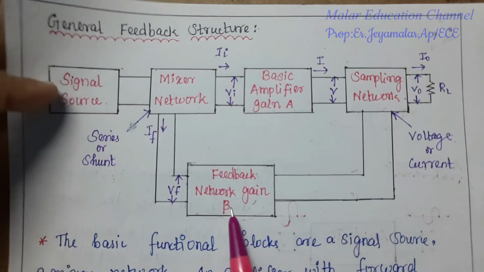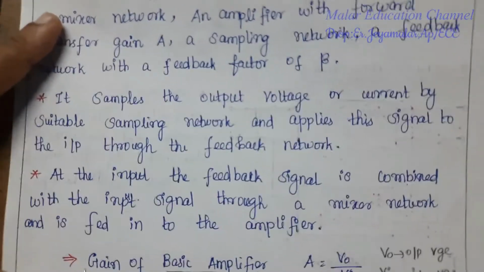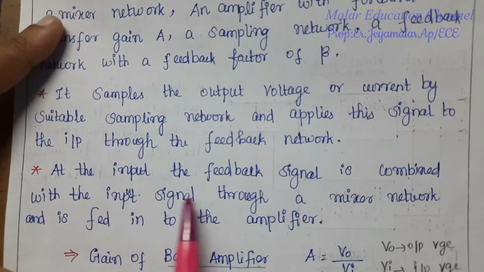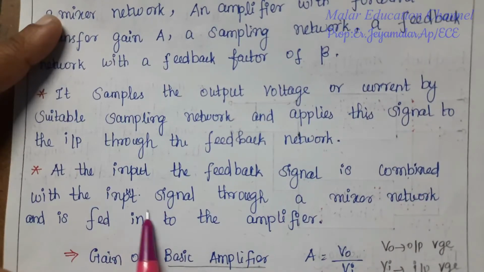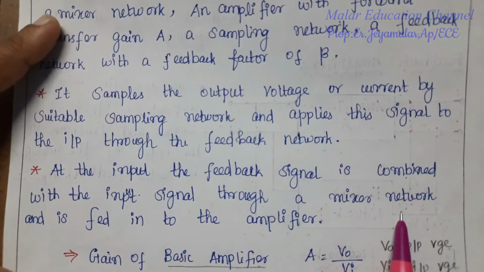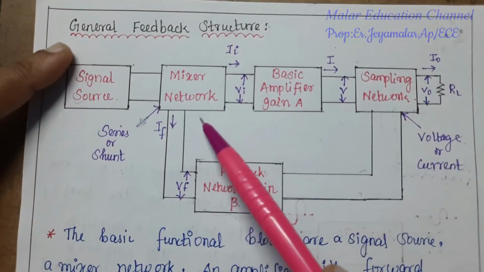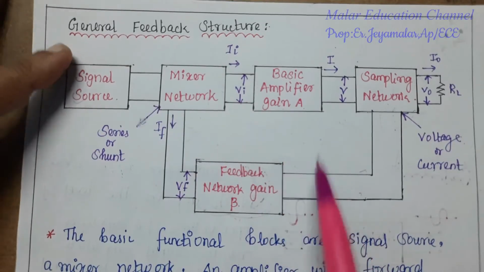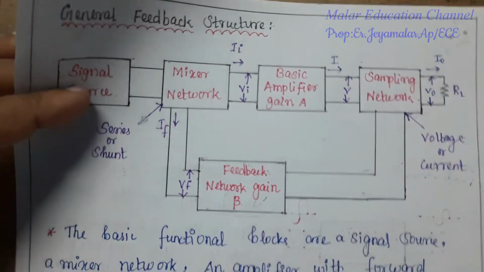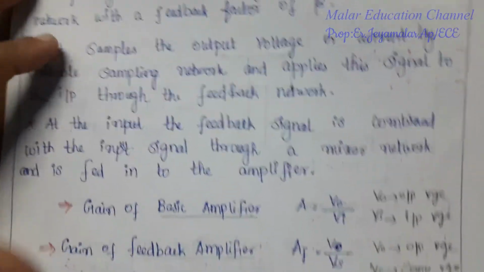That is the second point. Next point. At the input, the feedback signal is combined with the input signal through a mixer network and fed into the amplifier. In the input section, the signals are added in the mixer network via feedback connection.